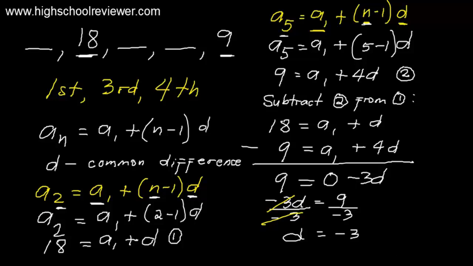To find the first term, we need to use again a sub 2. The equation of a sub 2 is a sub 2 equals a sub 1 plus 2 minus 1, since we now have a value for d, which is negative 3.